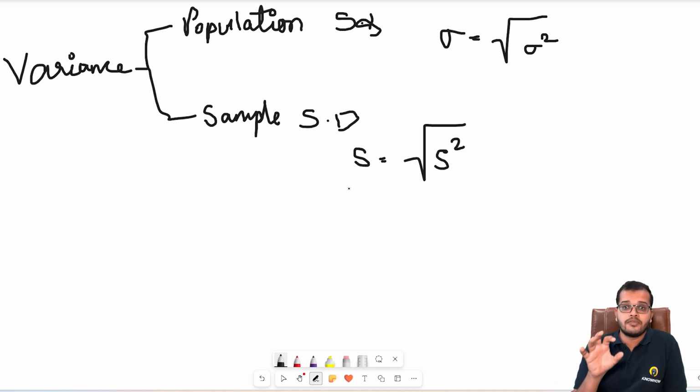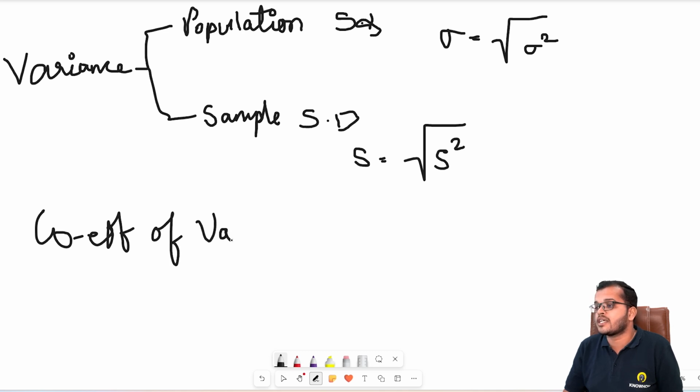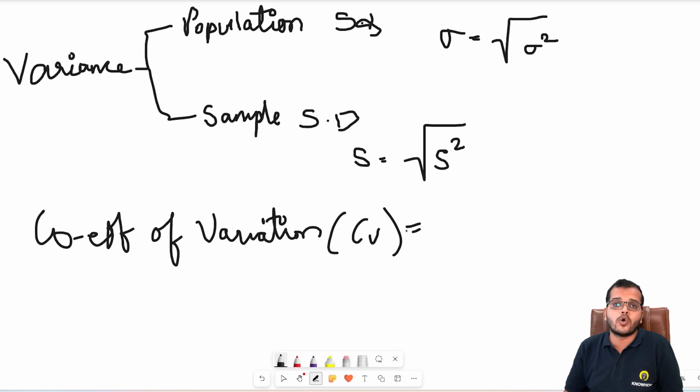Apart from these two, we have something called coefficient of variation, which we generally denote with CV. So what is the formula of coefficient of variation? It is a very easy formula.